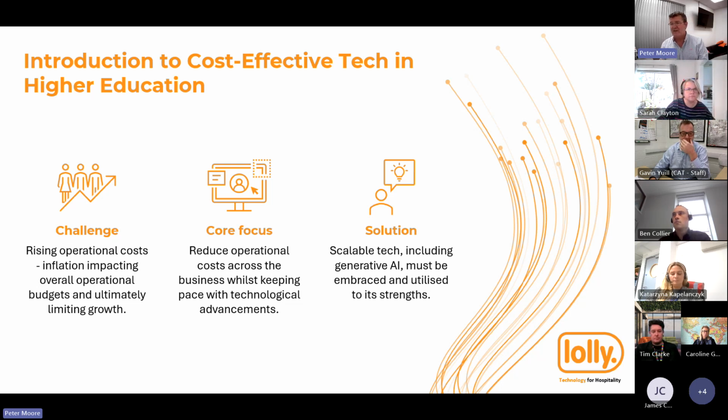We'll talk about generative AI and where that's going and how scary that is. But it is going to be part of your life and my life moving forward, and it's going to be prevalent much quicker than you believe. It's all about embracing it and maximizing its strengths while supporting your colleagues on it.